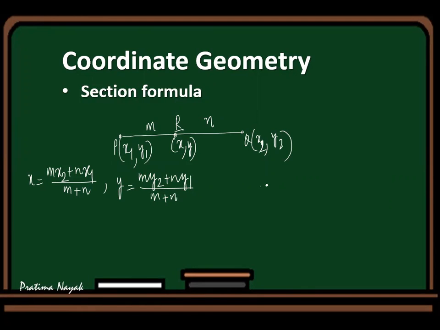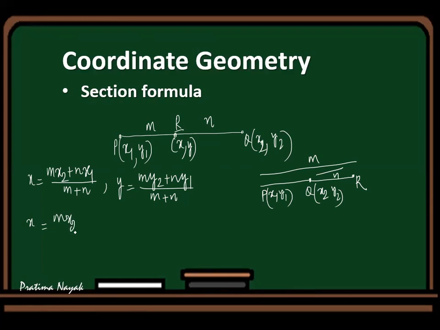And one thing I want to remind: if R is dividing externally, meaning it is outside PQ, in the ratio m is to n, then the coefficients are a little bit different.